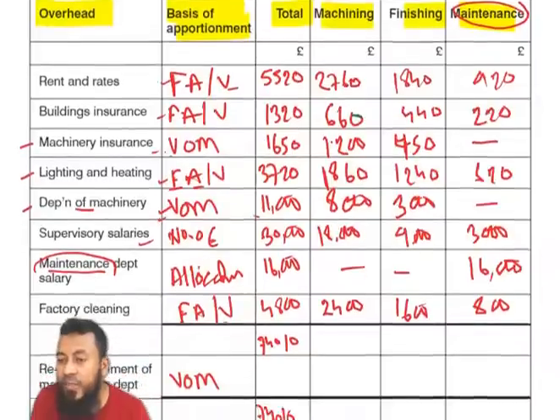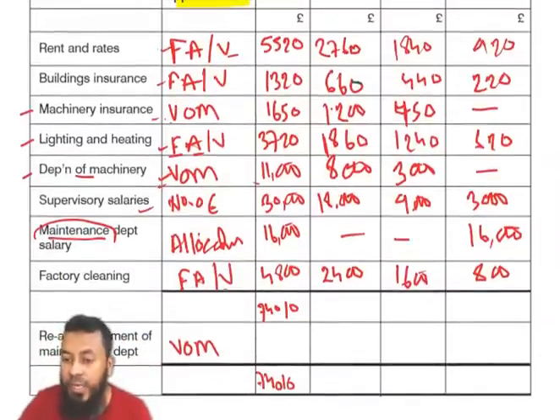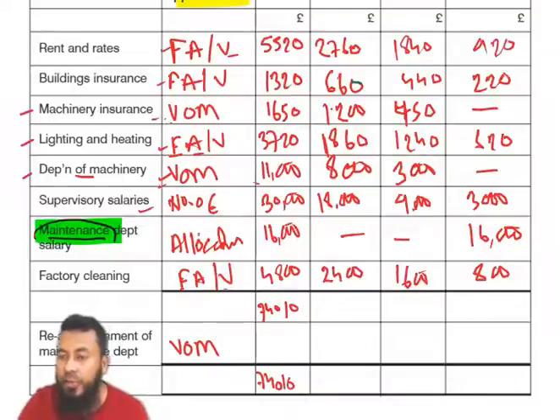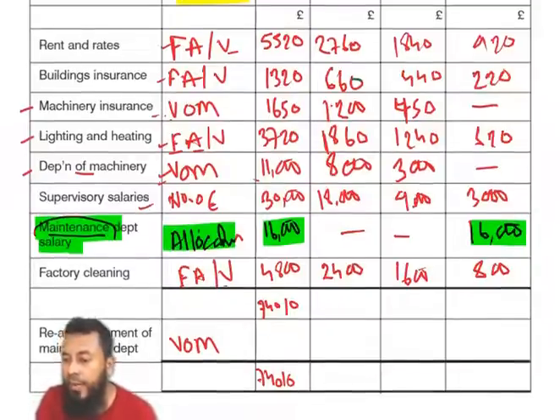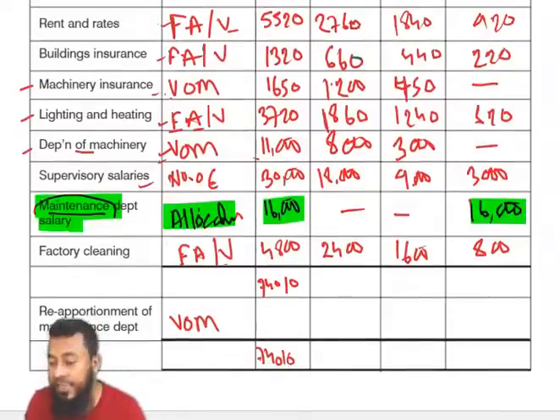Obviously the allocation was very easy. Let me show you. This is the maintenance department. You're doing allocation for the maintenance department. It's allocated to the maintenance department. Rest is apportioned. And once you did the apportionment, you can do the total. The total cost of our items is given here, 74,010.